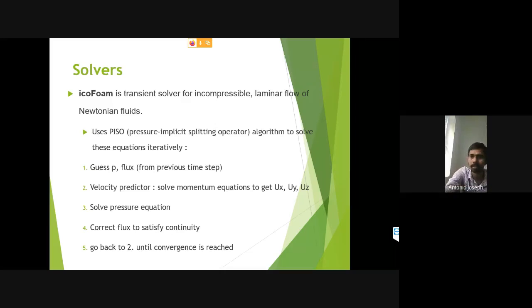Then one important thing that we need to keep in mind is the mesh independent study. We need to do the mesh independent study for all these calculations. That means we'll be trying a different number of meshes for a particular case, and then we need to compare the results.